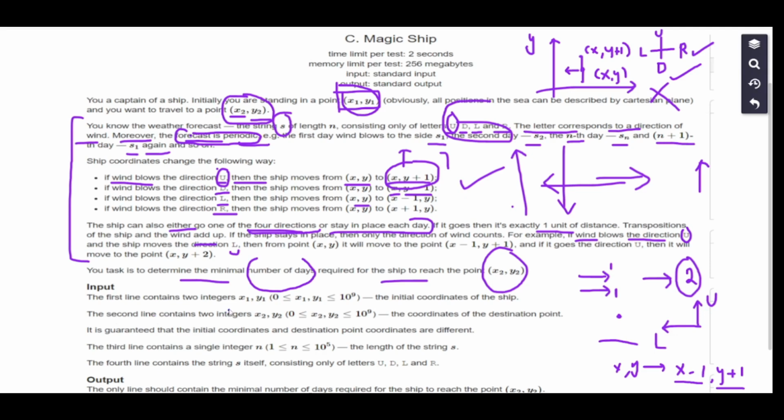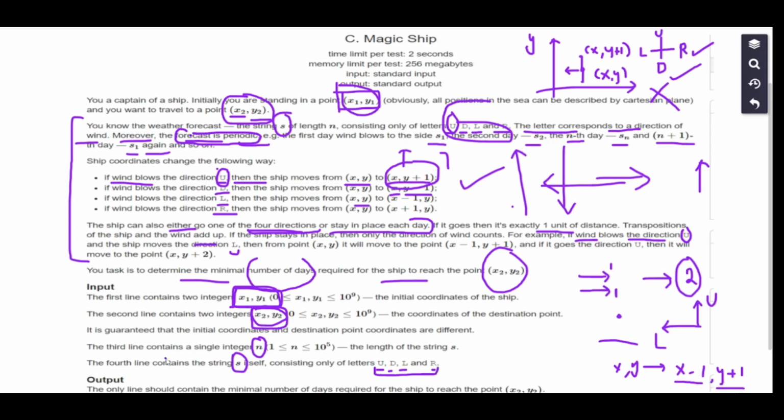Okay, the input will be given as two integers, the initial or starting location, two integers, the coordinates of the destination location, and an integer n representing the length of the string s, that is the forecast string, and finally we have the string itself, s, representing the weather forecast more precisely, which has these characters u, d, l, r, according to which the wind blows.